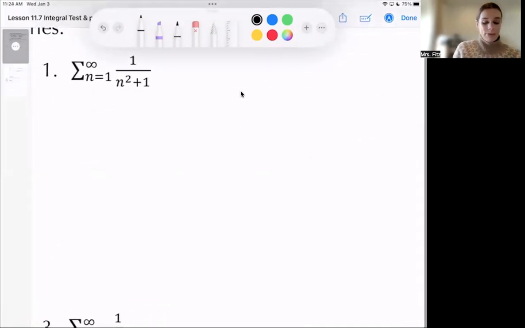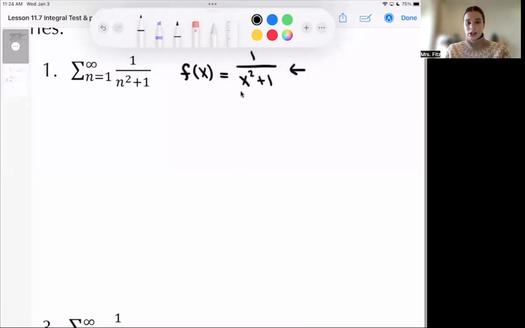So we have the sum from n equals 1 to infinity of 1 over n squared plus 1. And so that means our function f of x is going to be 1 over x squared plus 1. Well, this function needs to meet our initial conditions.